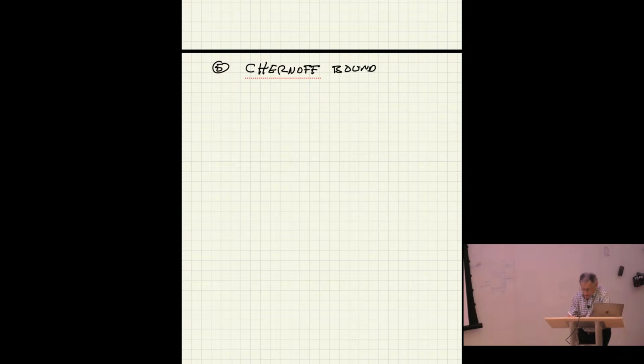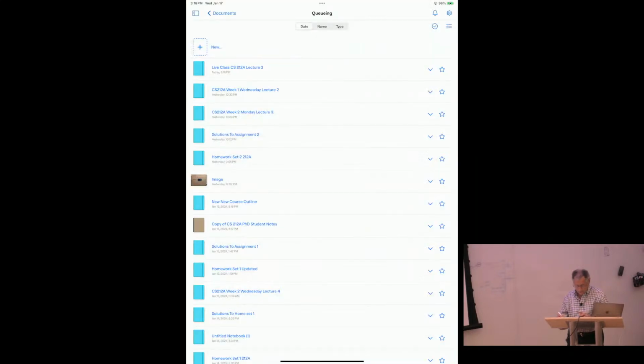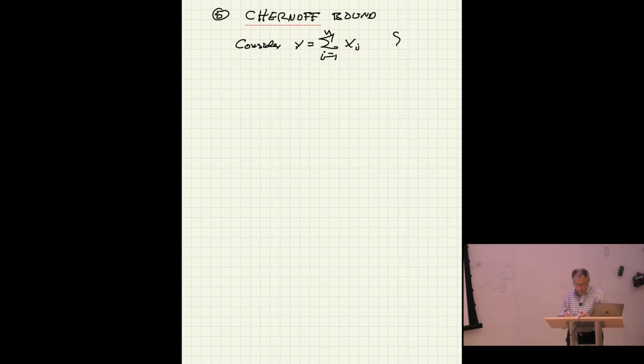And it says, once again, consider a sum of random variables. Consider y equal to sum, say, of n xi's. And again, the xi are IIDs. And I want to define something for this. We've already talked about it for the moment generating function.